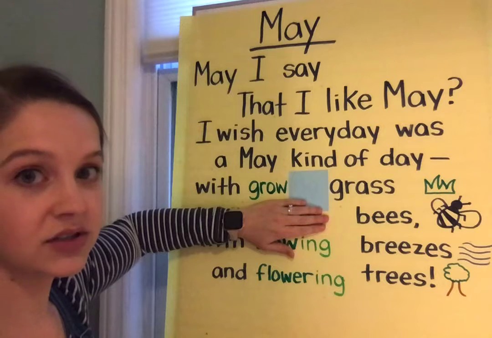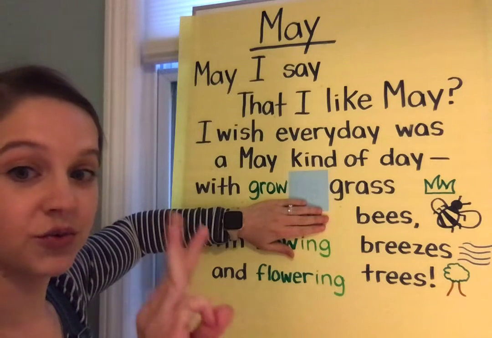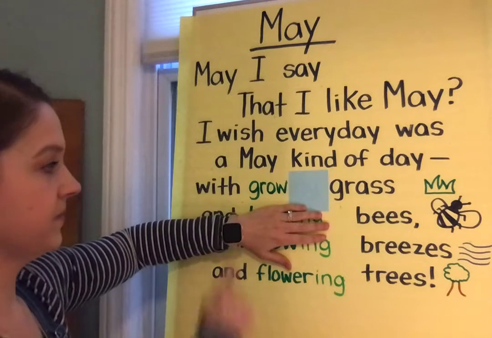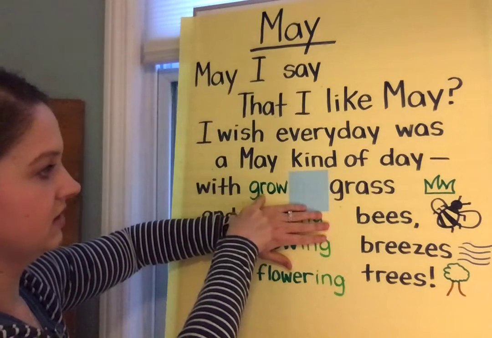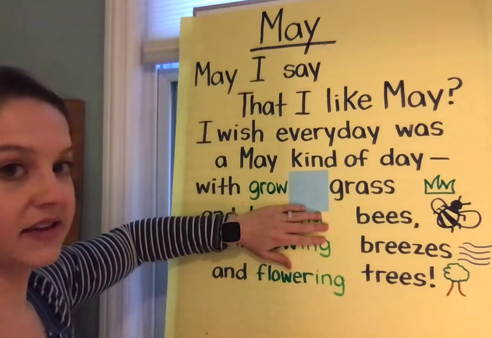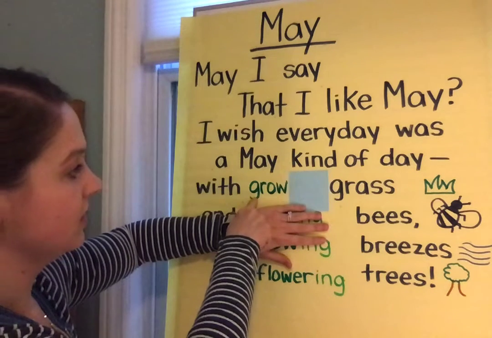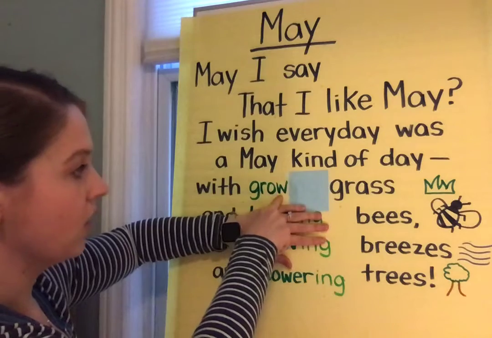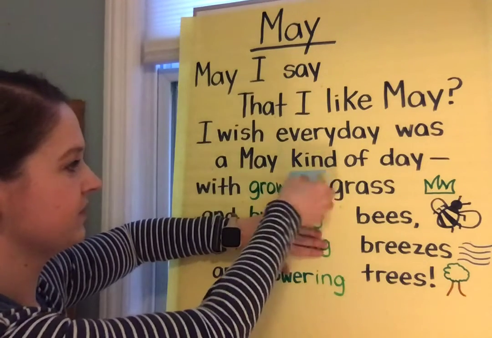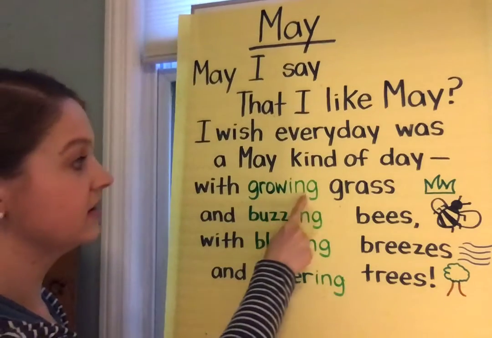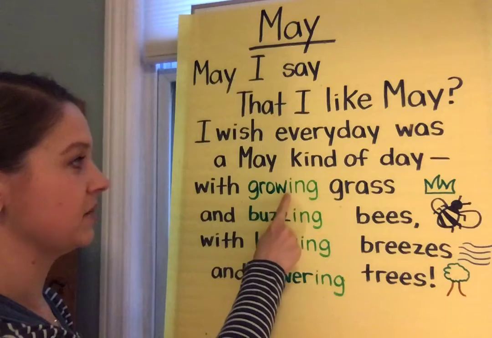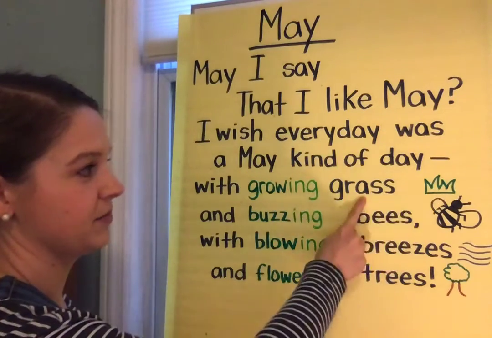When you stretch this word, you're going to stretch the 3 sounds. This is going to be a long O. Go ahead and stretch those on your own, and let's try it together. G-r-o, grow. Now let's add the ending. Grow, ing, growing.